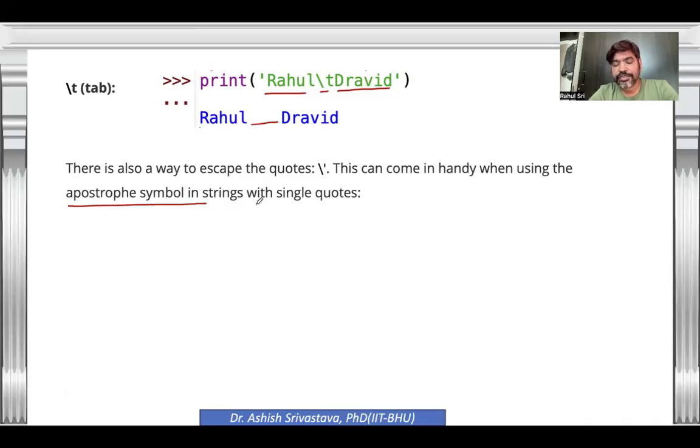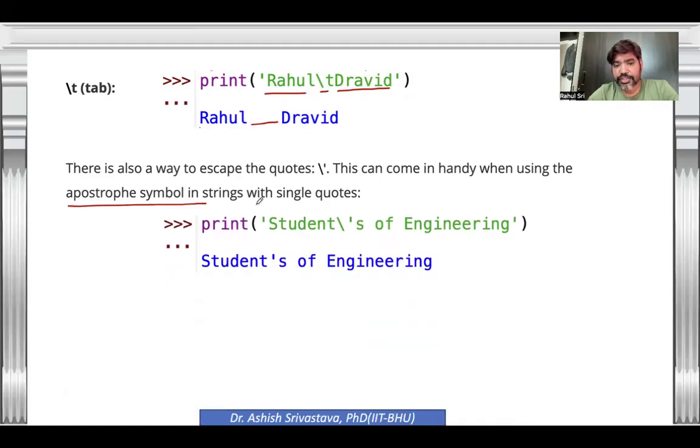One of the very basic ways is with the help of this backslash. Here, this backslash is placed before the apostrophe, so it is ignored by Python. It is considered part of the string, not the closing quote.